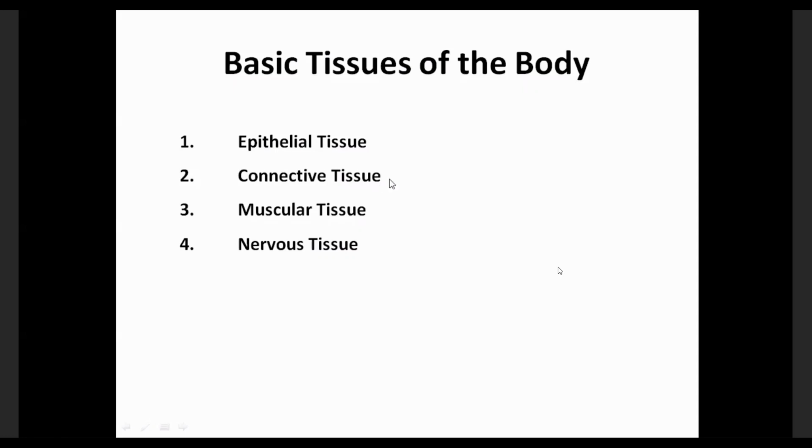So today's topic is the histology of epithelial tissue. Next time we meet, we will look at connective tissue, and then at other times you'll see muscle tissue and nerve tissue.